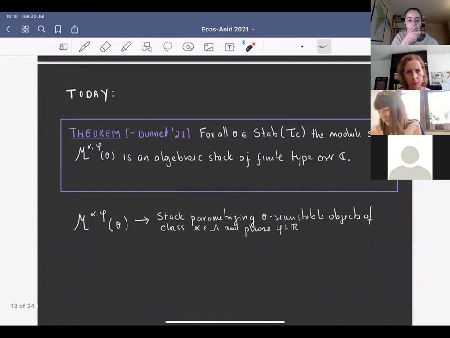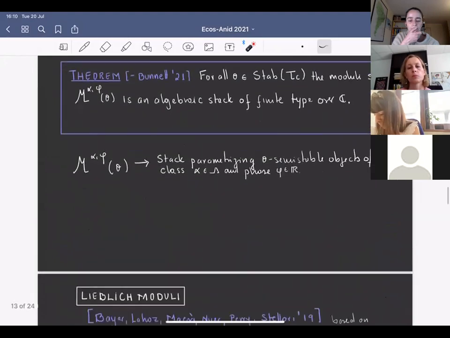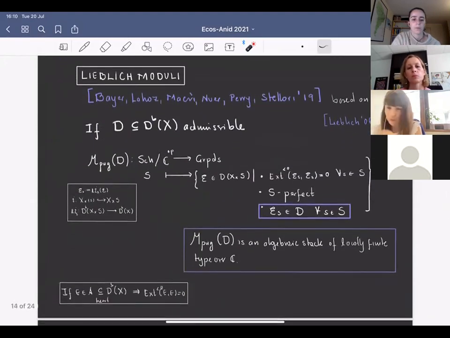So again, I go back to our goal, that is to prove that the moduli stack is algebraic of finite type over C. The way of doing this is, first, we're going to consider Lieblich's moduli space for admissible subcategories of D^b(X). This was first done by Lieblich in the case of D^b(X), and for admissible categories it was done by Bayer, Lahoz, Macrì, Nuer, Perry, and Stellari. This is the moduli stack of perfectly gluable objects. The important part is that the objects that we are parameterizing satisfy these three conditions.